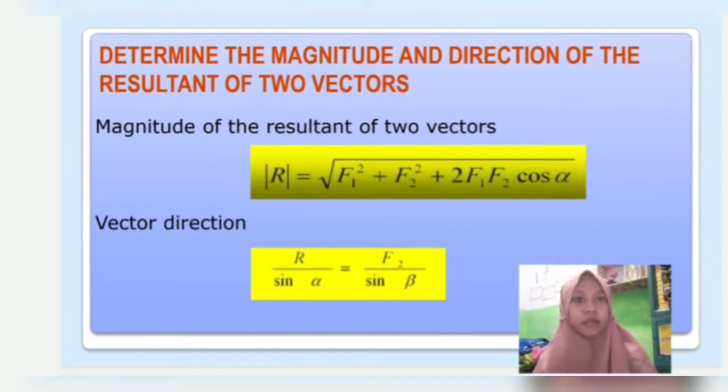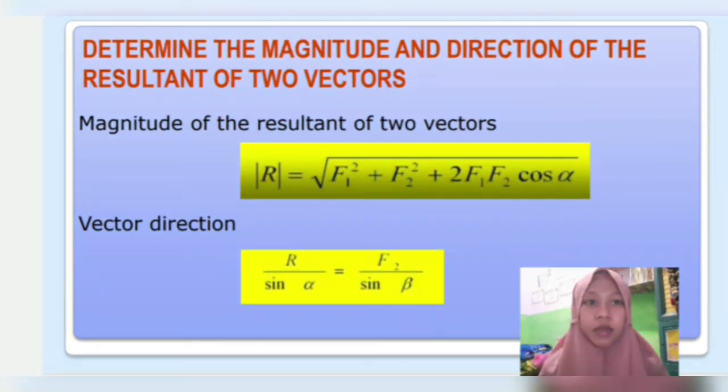The next, determine the magnitude and the direction of the resultant of the vectors. The formula: R equals square root of F1 squared plus F2 squared plus 2 times F1 times F2 cos theta. While for vector direction, the formula: R per sin theta equals F2 per sin beta.